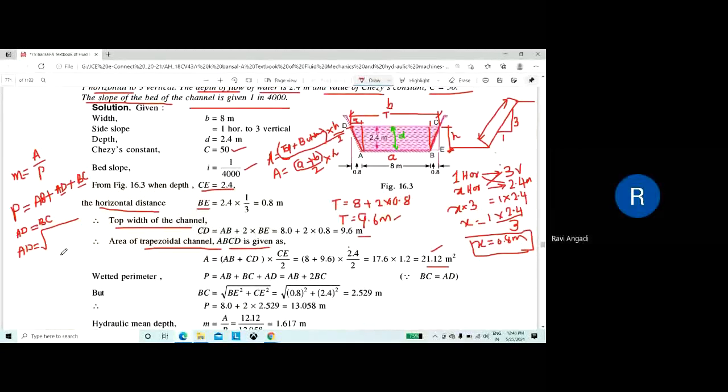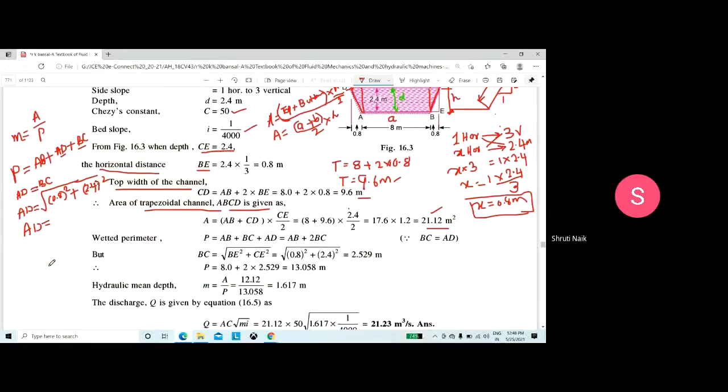How much is the x? X is 0.8 square plus, just tell me, 2.4 square. 2.4 height. 2.4 square. Then what is the answer you get here? AD. What is the answer you get here? AD. 2.529.